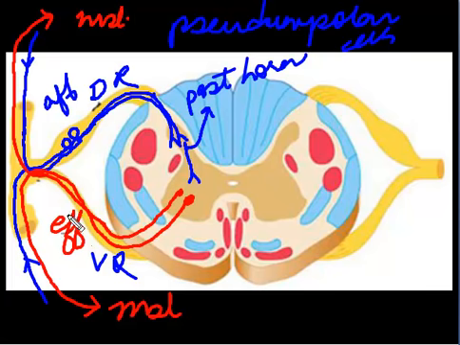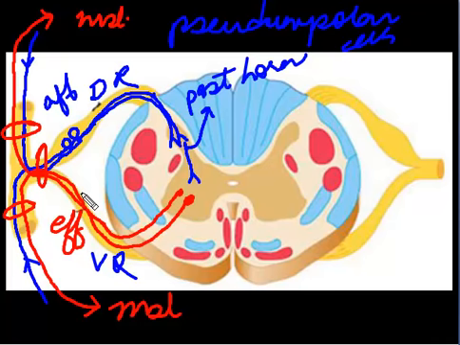They exit through the ventral root. Now looking at this picture, you can see that the rami have both afferent and efferent fibers. So both the dorsal ramus and the ventral ramus. The spinal nerve also has afferent and efferent fibers. The dorsal root has afferent and the ventral root has efferent.